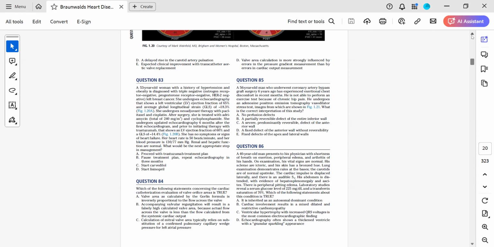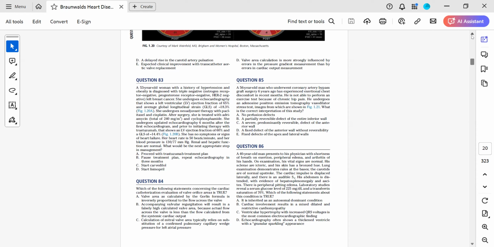So it might give you a falsely low valve area estimation. Then in a situation whereby there is regurgitation, the actual flow across that valve is also reduced when there's significant regurgitation. This also causes a reduction in the calculated valve area.